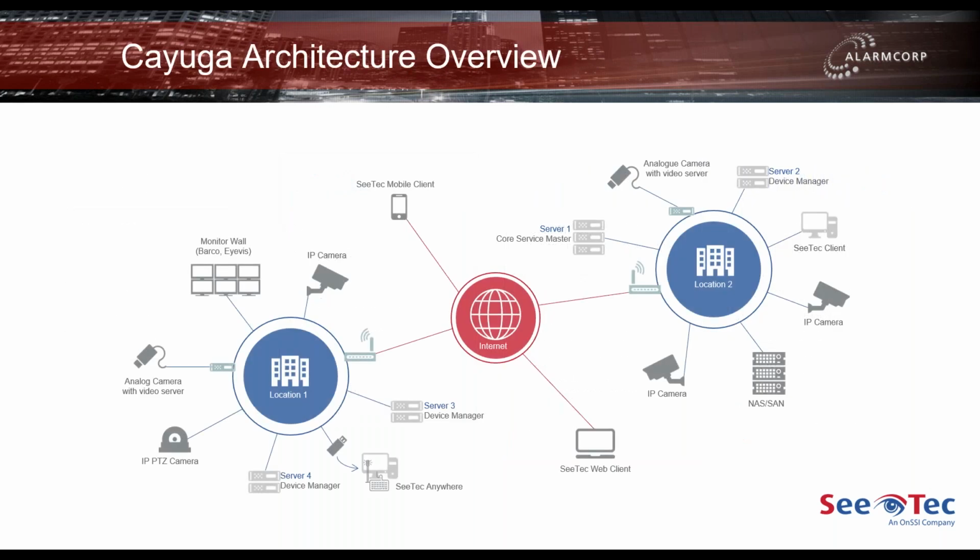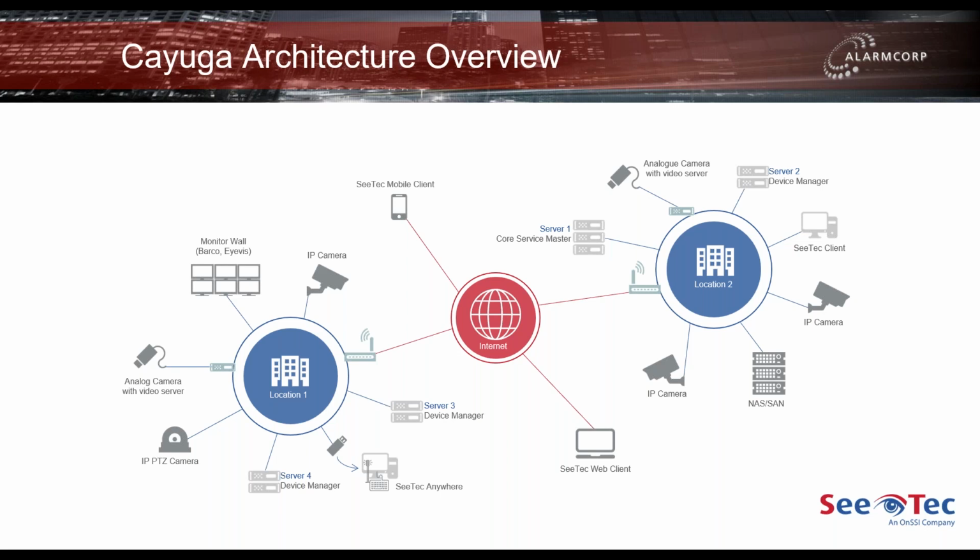This was one of the simple line architectures that we've had previously that shows the connections of the various devices, clients, cameras, analog servers, etc. It doesn't show any of the failover components.